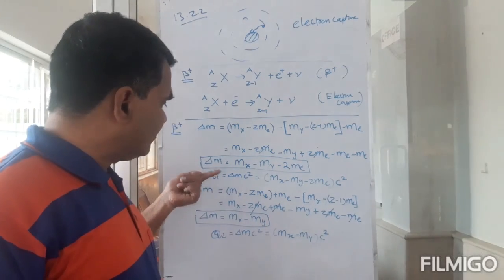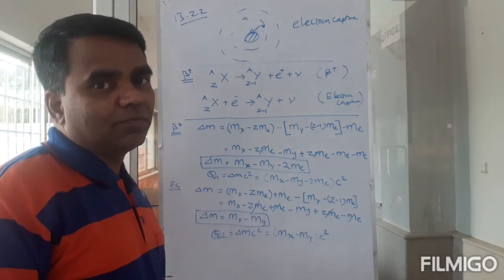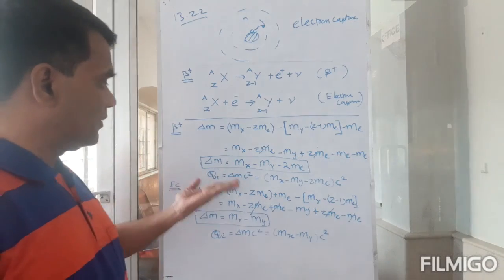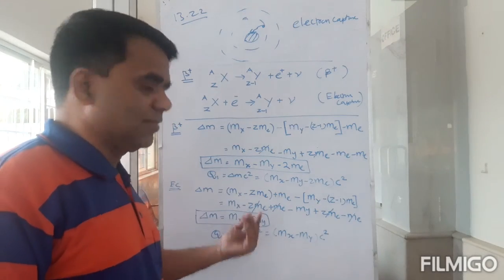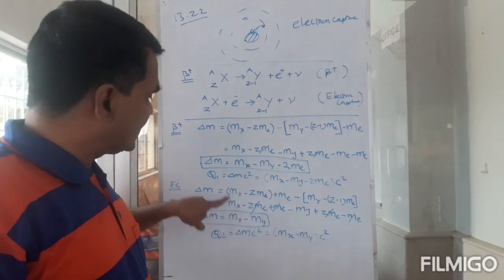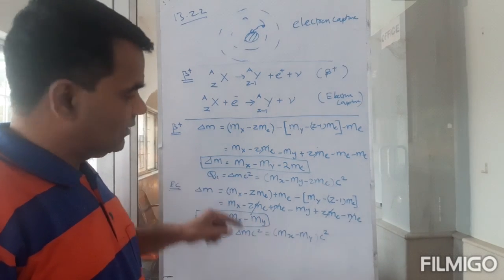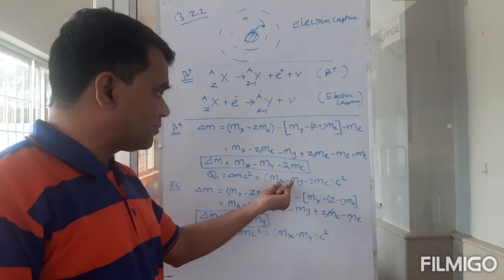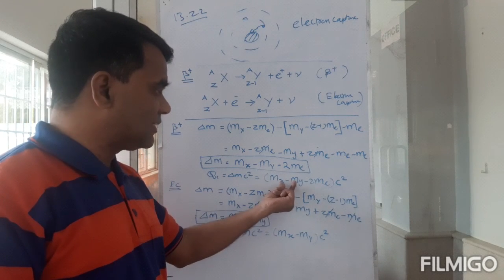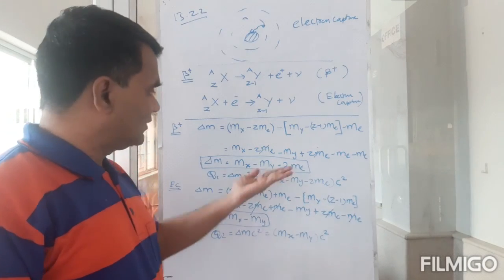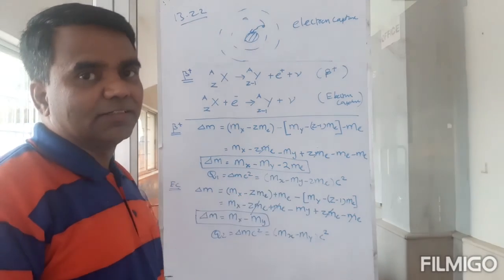So if this is positive, this has to be positive. Okay. So if this can happen, this can also happen. But if this is positive, can I say this is positive? No. This can be positive, but this may still be negative, because this Mx minus My may still be less than 2me. So in that case it can still be negative.